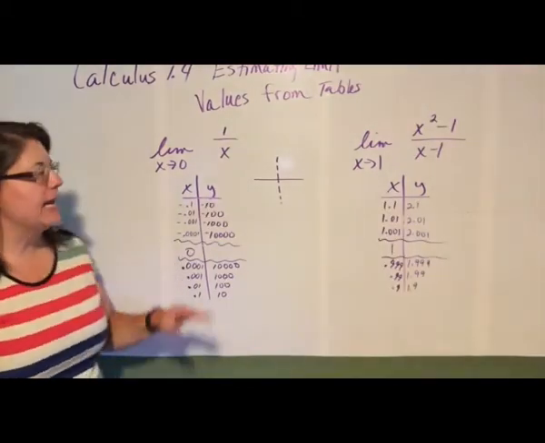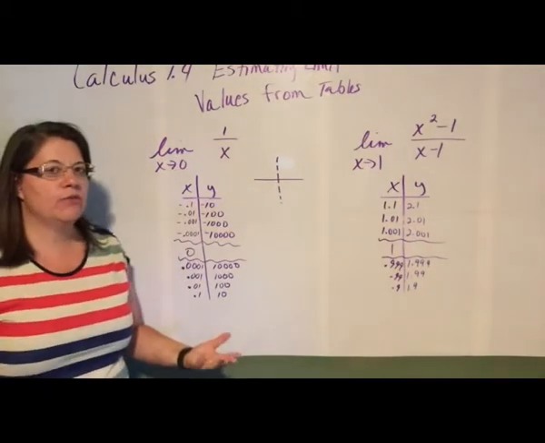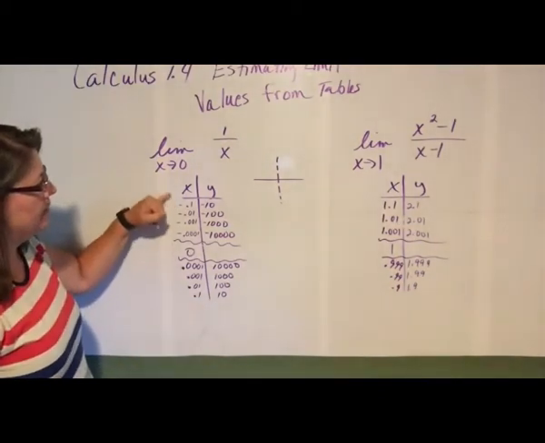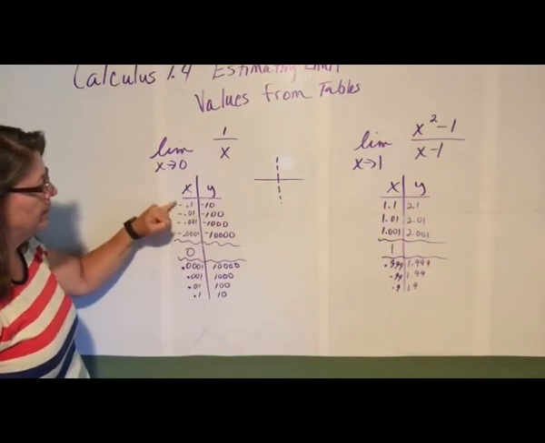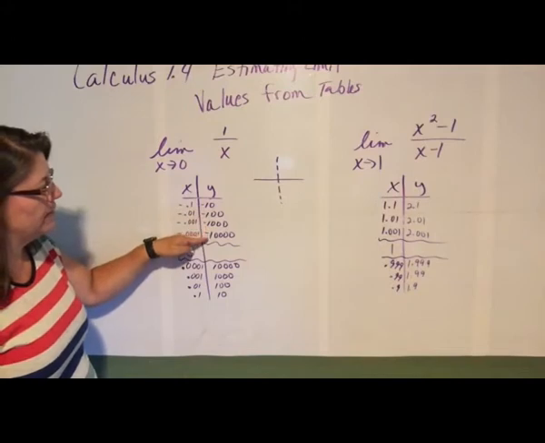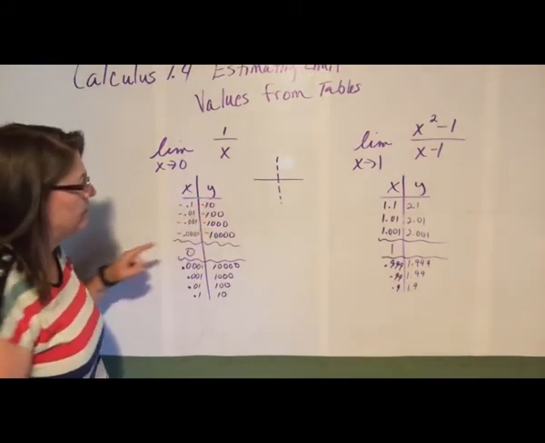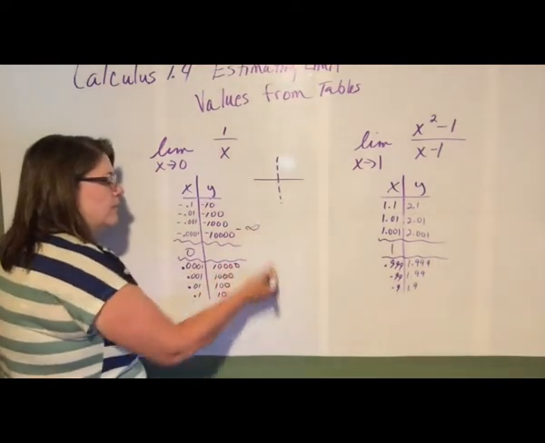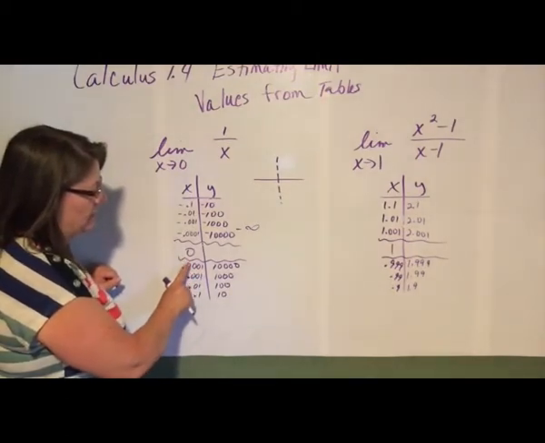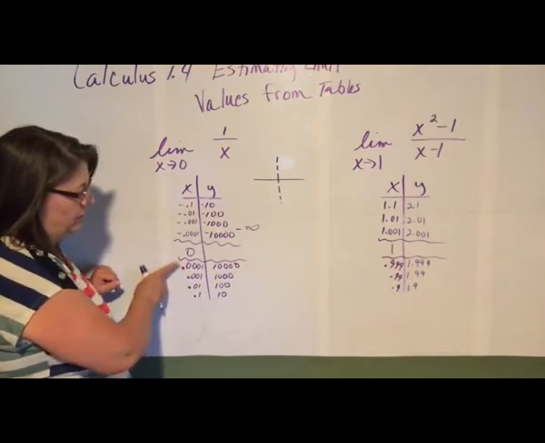Okay, so I've gone ahead and filled in the table for the x values that we've chosen, and I just did that with a graphing calculator. It's pretty simple. What I can see here is that as x approaches 0 from the left-hand side, it looks like this number is decreasing very quickly. It looks to me like it's approaching negative infinity moving in from the left, and look at what's happening as we move from the right and get closer and closer to 0.